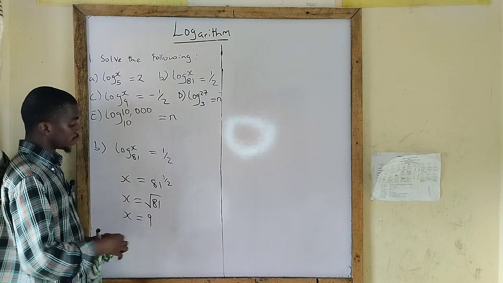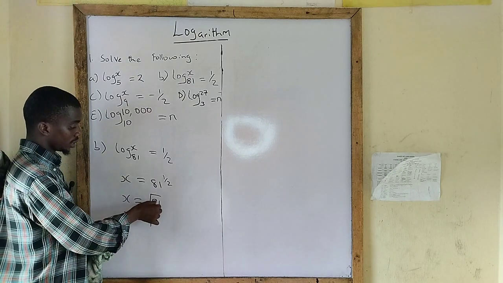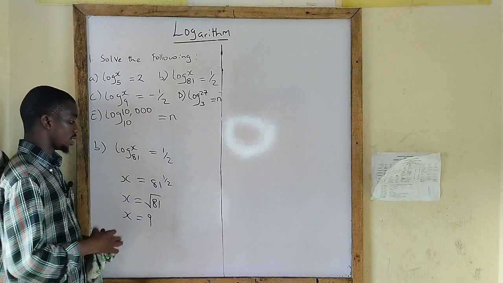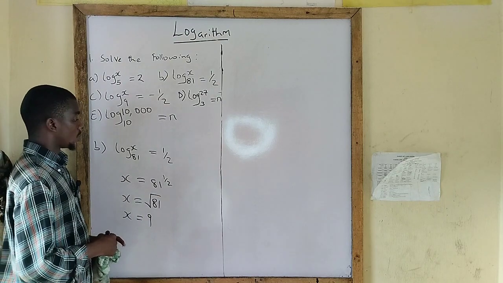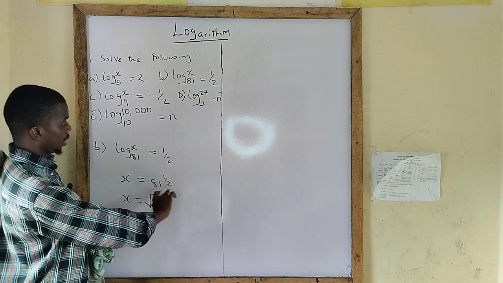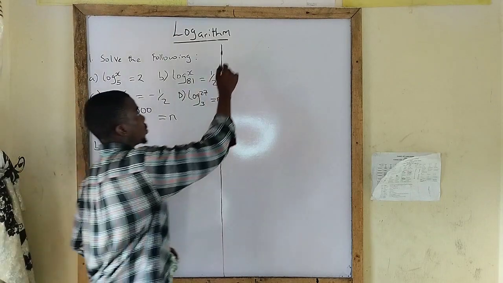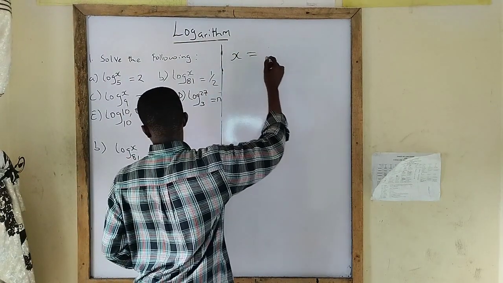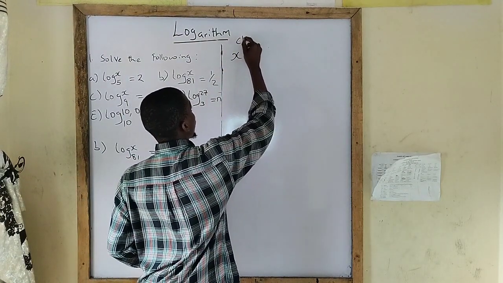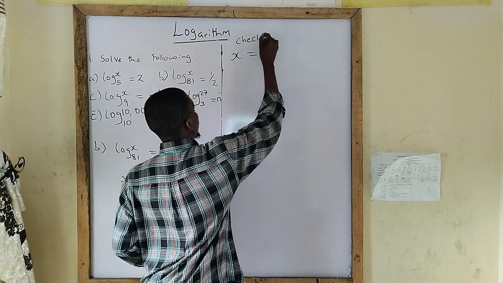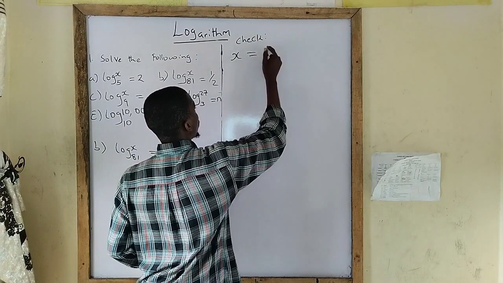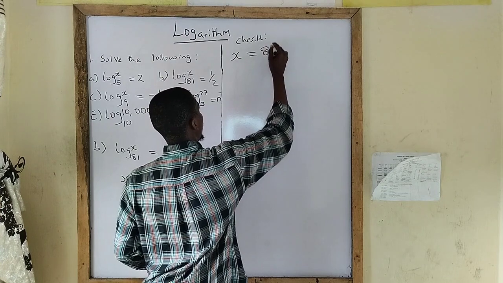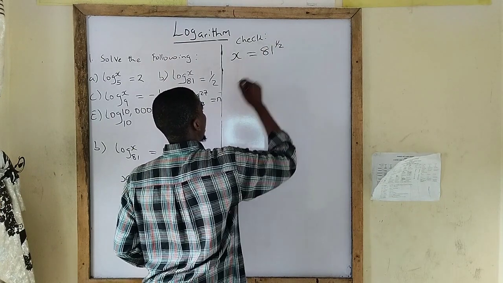Okay, so root 81 is equal to 9. We can check if this is correct. We bring out the index form, the exponential form first. x is equal to 81 raised to the power of one half.